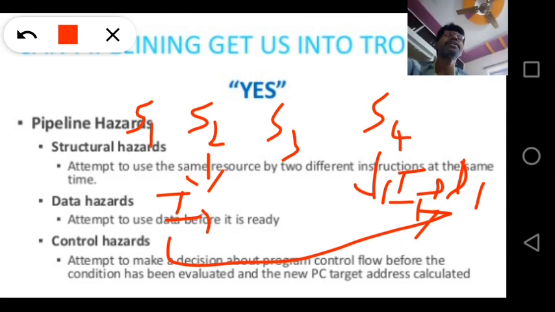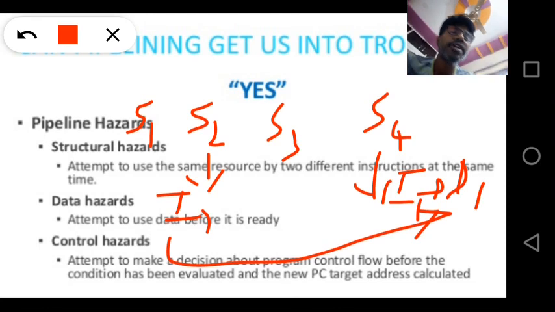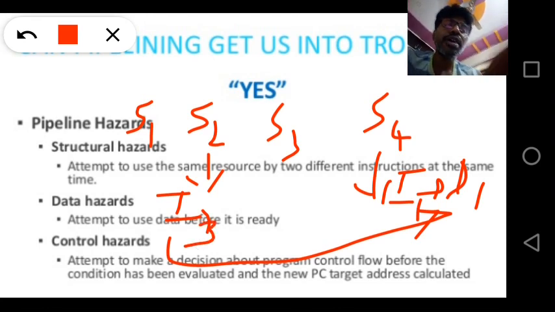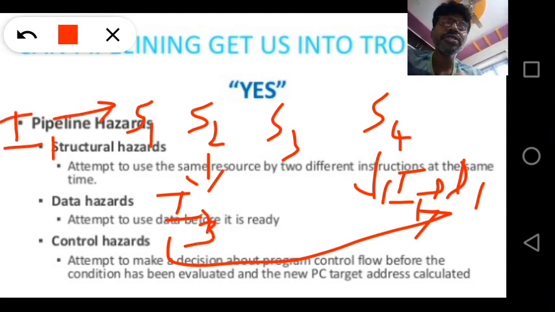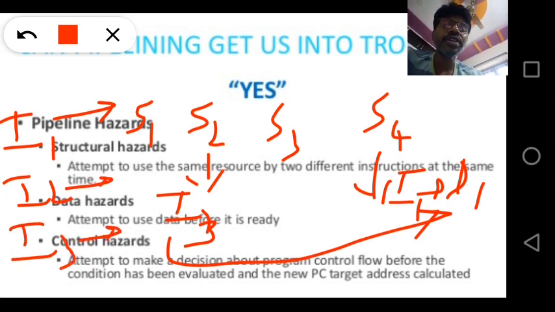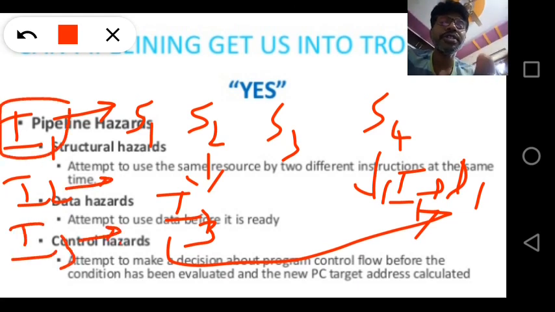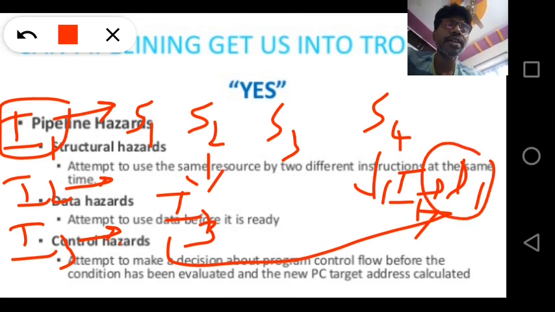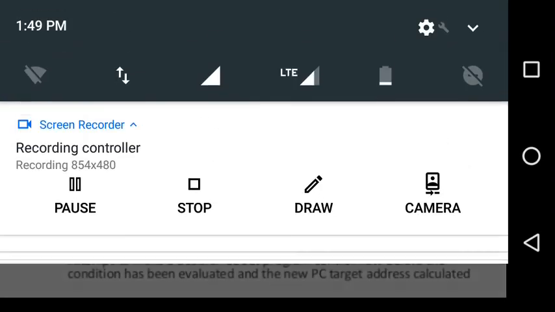It leads to data inconsistency, because in general, when I1 completes execution, then I2 should complete, then I3 should complete. Then when I3 starts, I1 should have completed updating this data. Then I3 should use it.